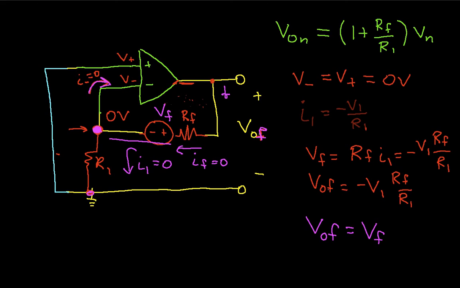And this should have been V01. So I've made a mess of things, but this is basically what we need to have. We now know the output voltage due to R1 and the output voltage due to RF. And in the next and hopefully last video, we'll combine those at the output and see what it all means.